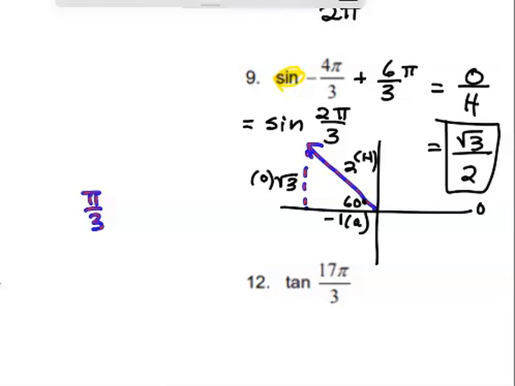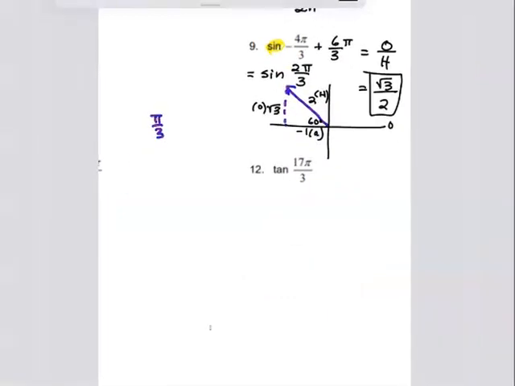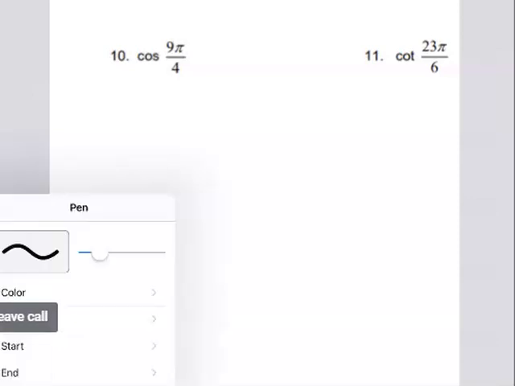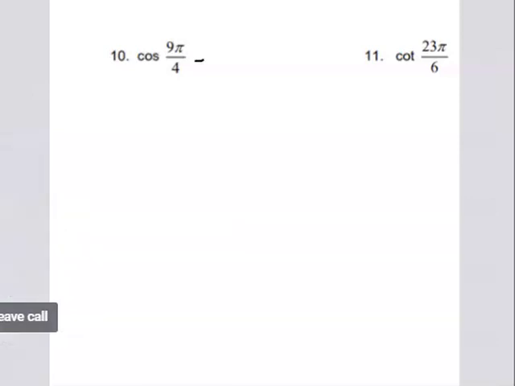All right, let's look at number 10 here. So once again, number 10 is not between 0 and 2 pi. So I'm going to find the coterminal angle by subtracting 2 pi. 8 over 4 is the same as 2. So now this, 9 minus 8, is pi over 4.